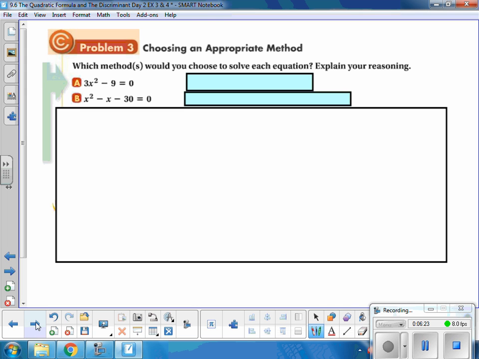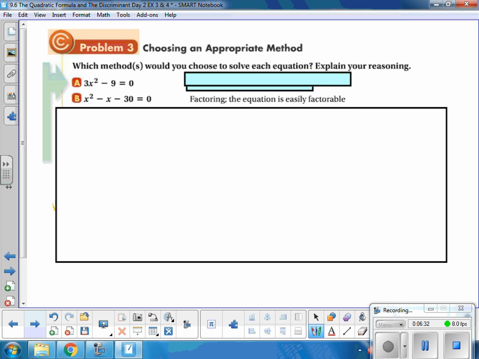So let's look at this one right here: x squared minus x minus 30 equals 0. On this one, I would definitely go ahead and do some factoring. It looks like it is easily factorable. Let's take a look at what that means. I'm going to see what times what gets me 30, that when I add them together, I just get x.